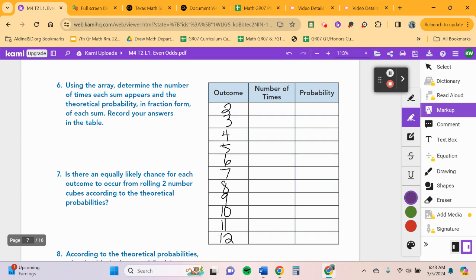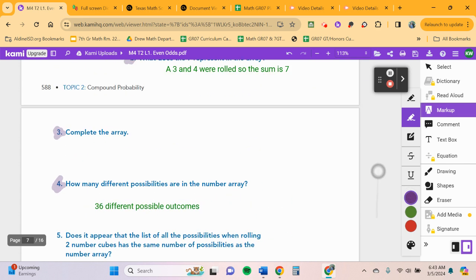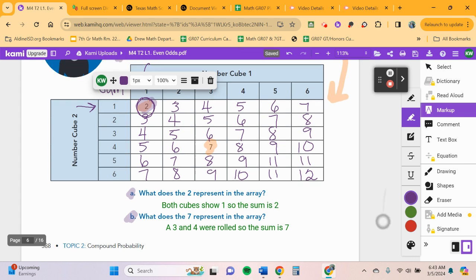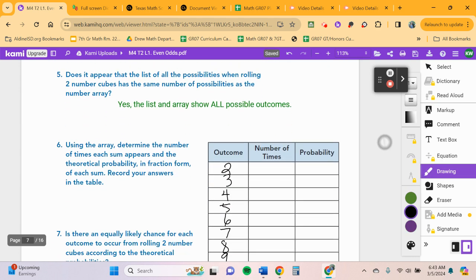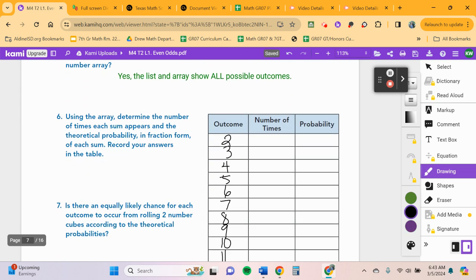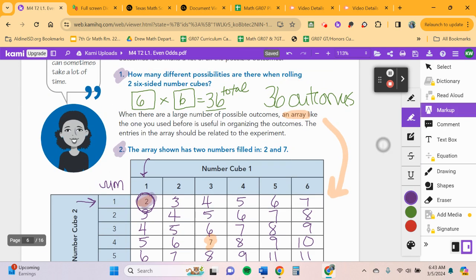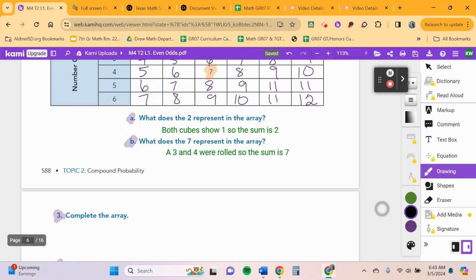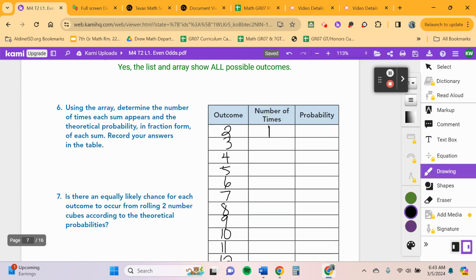So I'm going to go back up to my array and I'm going to look for 2. Here is a 2. Is there another 2? No, there is not. So I'm going to annotate that it only showed up 1 time. And now for my 3. I see 3. I see 3. Do I see any other 3s? Nope. So I can see a 3 showed up 2 times.